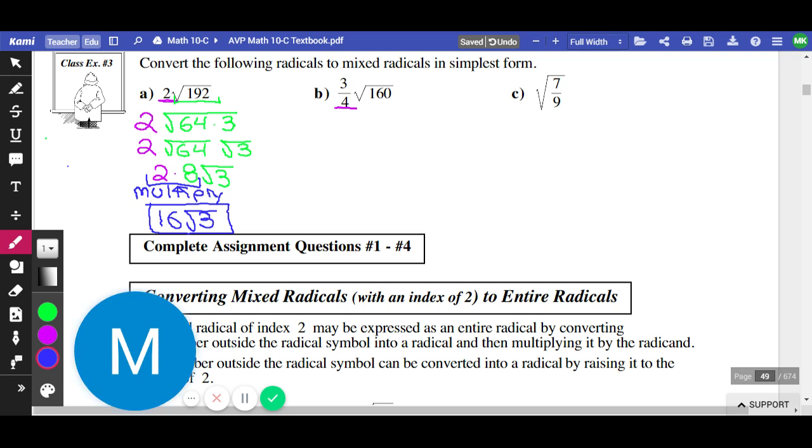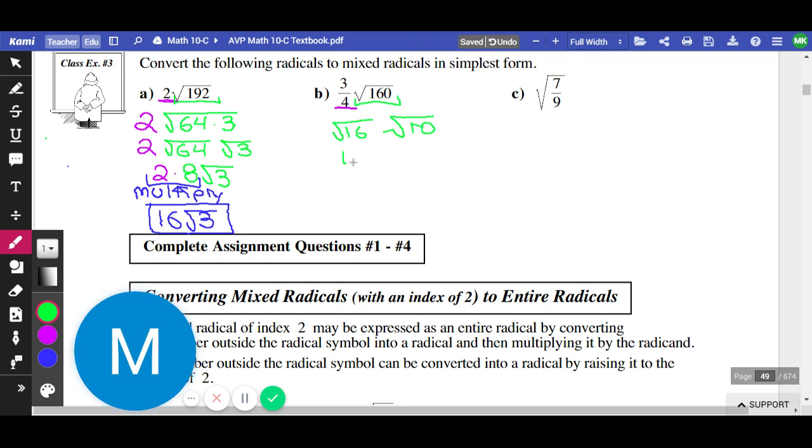Awesome. I can do this with anything. So if it was fractions, if it was decimals, the same rules still apply. If you look at b, I have a fraction out front now. Okay, it's still a coefficient. I'm going to treat it the exact same way I treated the other coefficient. I'm going to simplify this guy. When I simplify that guy, I come out with root 16 times root 10.